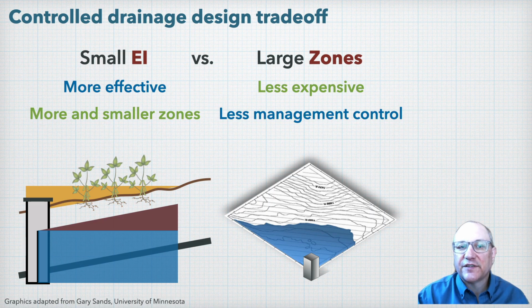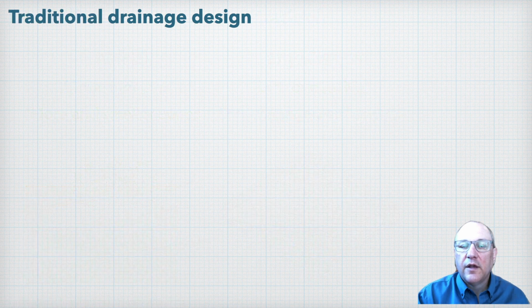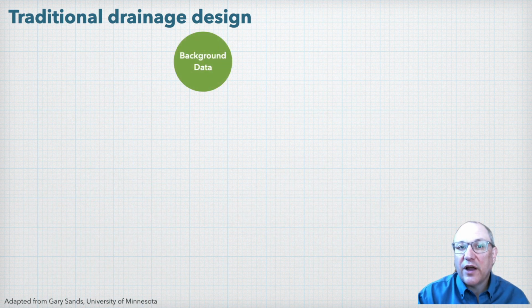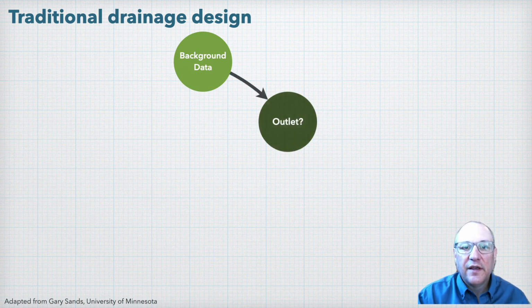Now that we've discussed the design concepts for controlled drainage design and the key design decisions, let's take a look at how those fit into the design of a drainage management system. Looking at traditional design, we start with collecting background data such as topography, soils, crops, etc. We determine if we've got a suitable outlet and where it will be located.